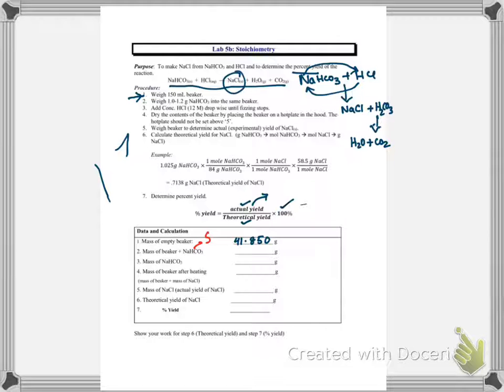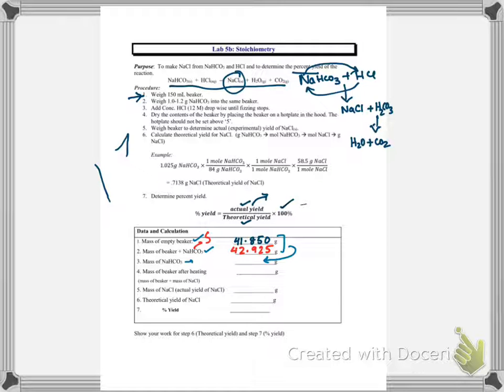Then you take the mass again, and let's assume the mass is 42.925. So if you know the mass of the beaker and the mass of beaker and sodium bicarbonate, can you find the mass of sodium bicarbonate? Yes. Using these two numbers, you will find the mass of sodium bicarbonate.